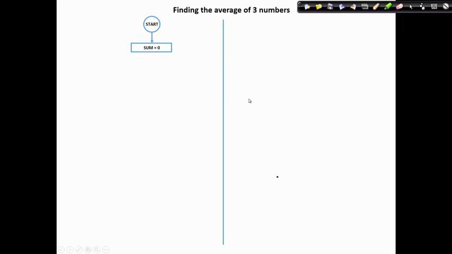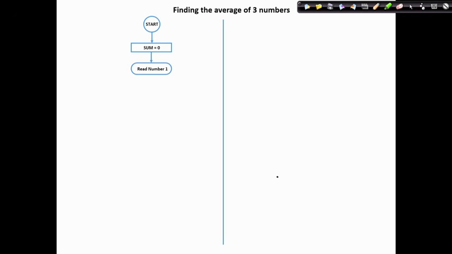Next, we read the first number, read number 1. Now, what does this read mean? Who is reading, whom do you want to read? Whoever will be finding the average, he or she will have to read the number.